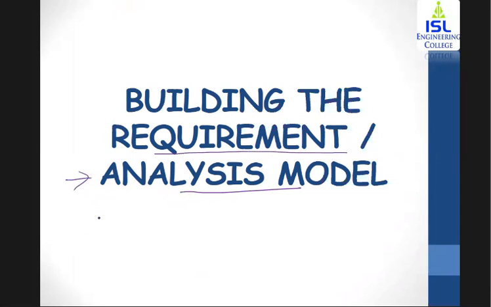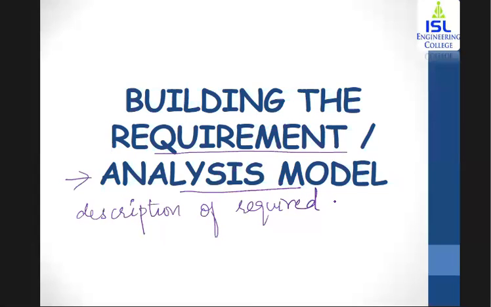We are designing an analysis model because it gives you a description of whatever information is required by the system, all types of required information. Second, it tells you about all the functions that are there within the system.